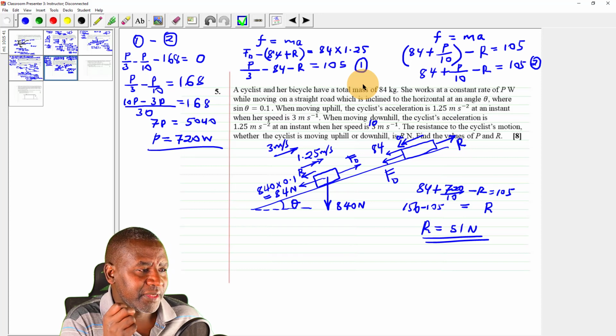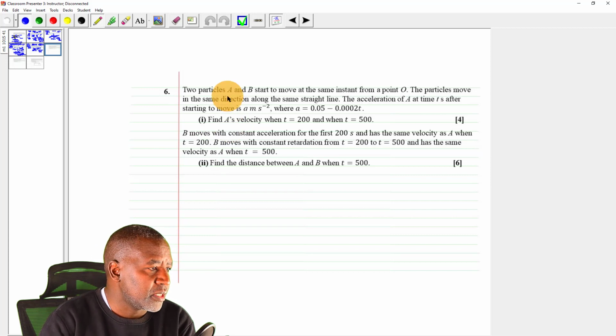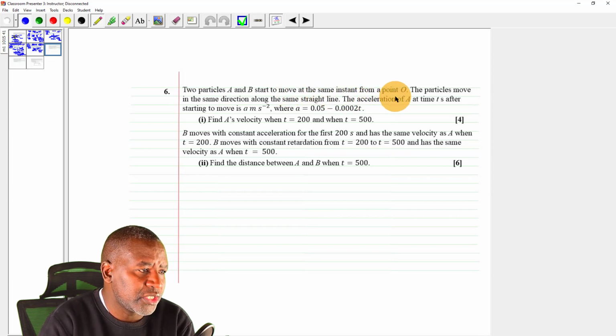number 5. Let's go to question number 6. So let us look at question number 6. In this question, we are told that two particles, A and B, start to move at the same instant from a point O. The particles move in the same direction along the same straight line.